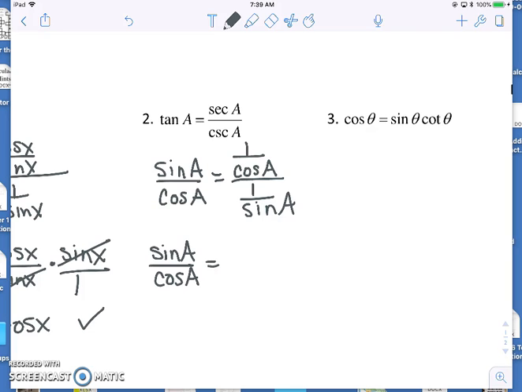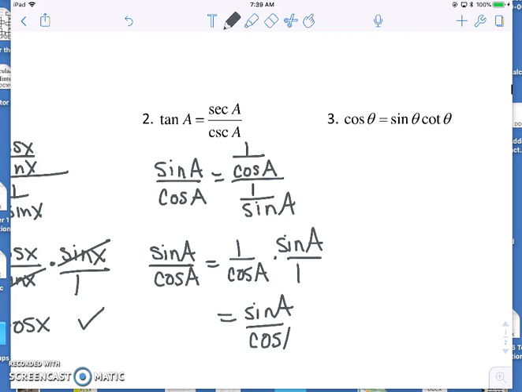On the right side, if we multiply by the reciprocal, that would be the sine of a over 1. Multiply fractions straight across, we're left with the sine of a over the cosine of a, which is what the left side is.